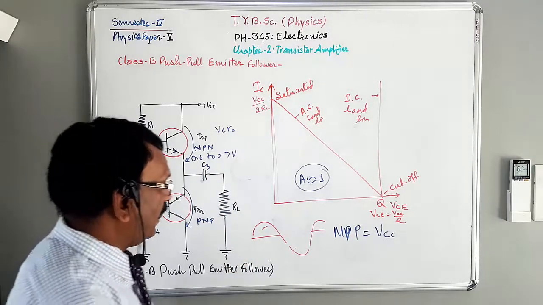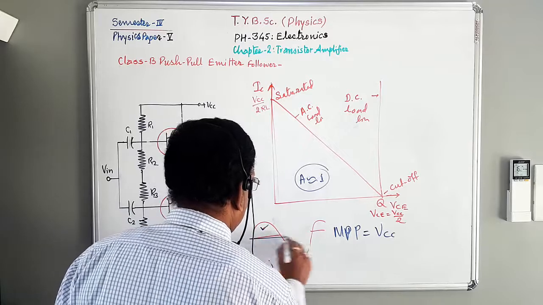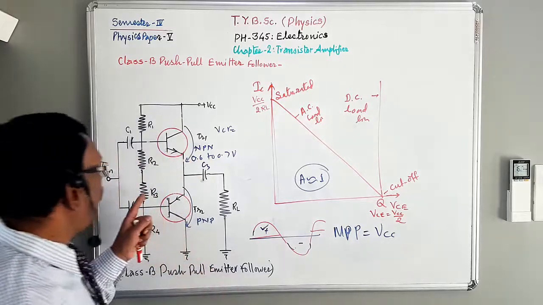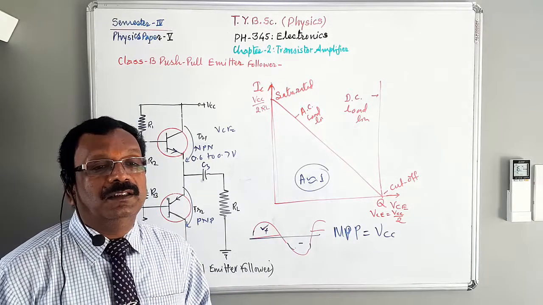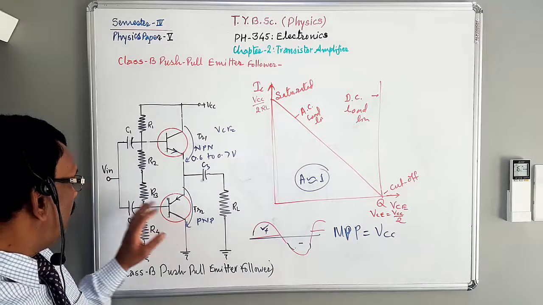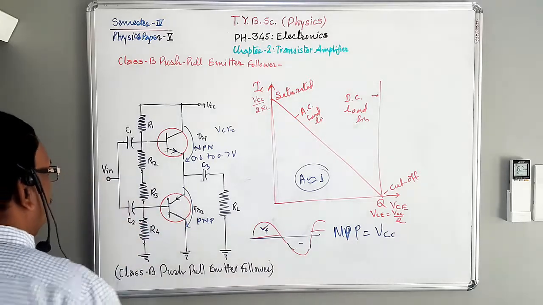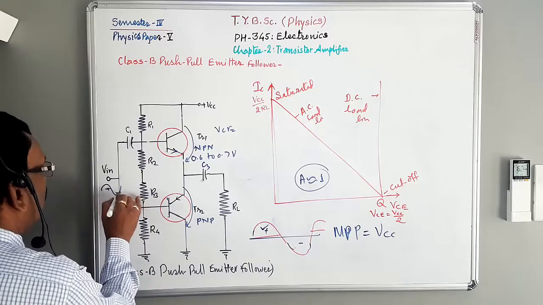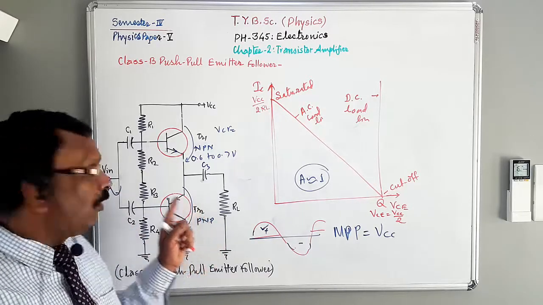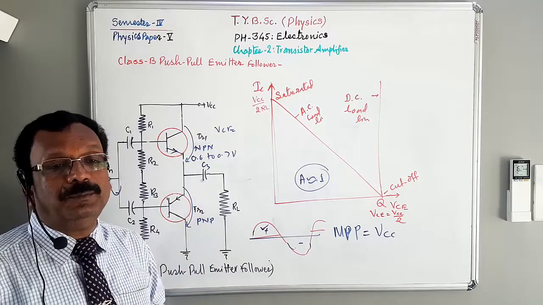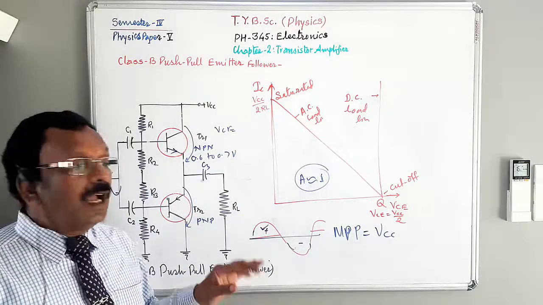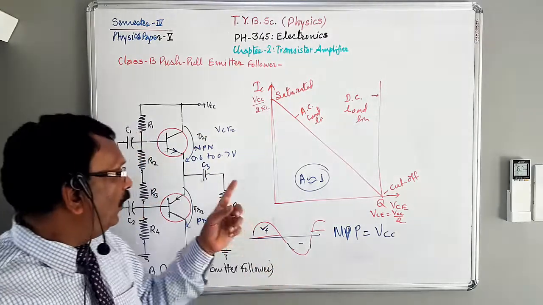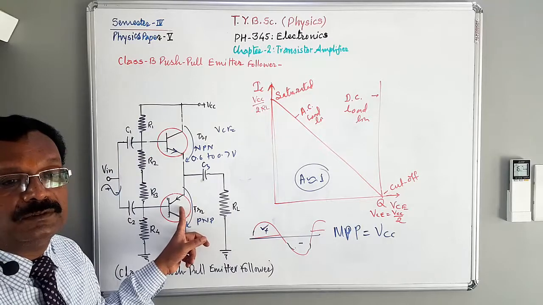On positive half cycle, that is here, this is positive half cycle and this is negative half cycle. On positive half cycle of the input signal, the upper transistor, this TR1, conducts and the lower is cut off.